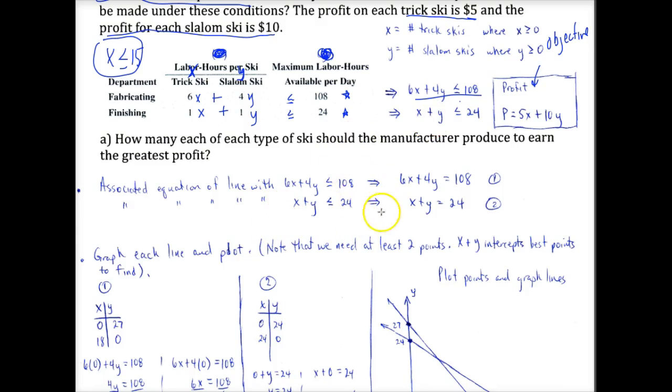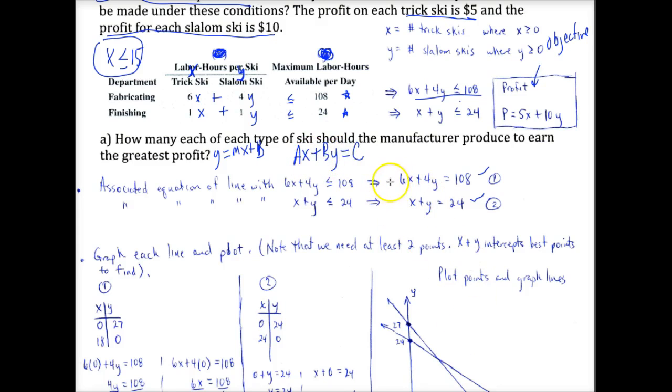My point is this. With each inequality, we have an associated line that goes with that. And so I've put those lines there. These lines are in what we call standard form, not slope intercept. The slope intercept form looks like this. We could turn these lines into slope intercept form, but it's actually better for us to work with them in what we call the general or standard form.